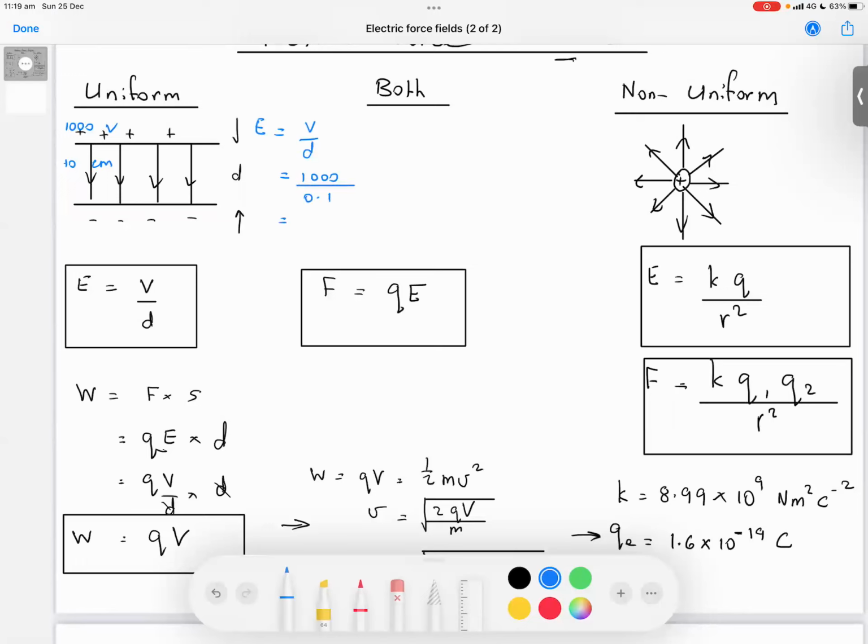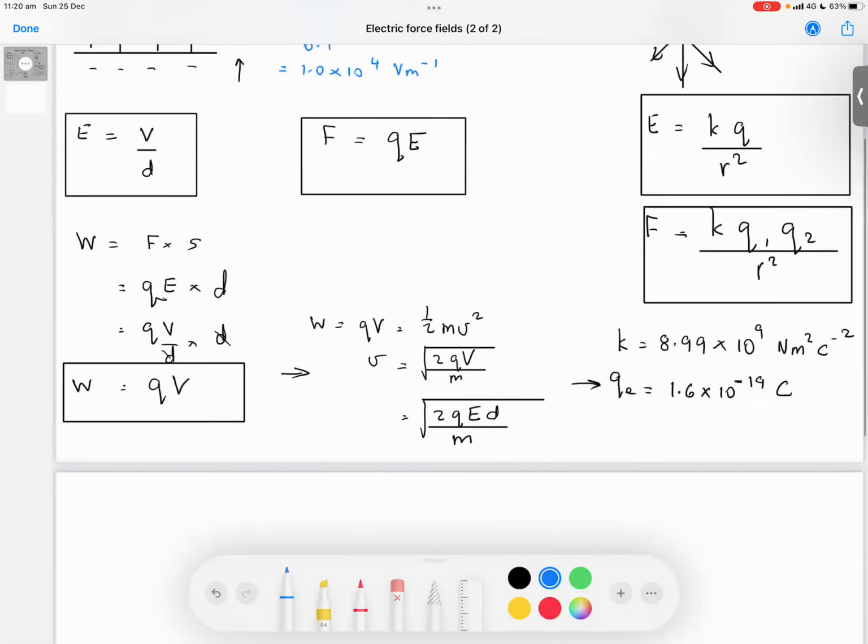So that's 1.0, if I make it 2 figures, because the 10 centimeters is 2 figures, by 10 to the 4. Now that would be either volts per meter or newtons per coulomb you could equally put as well. So there you go. I've done an example of a question that we might receive sometime.